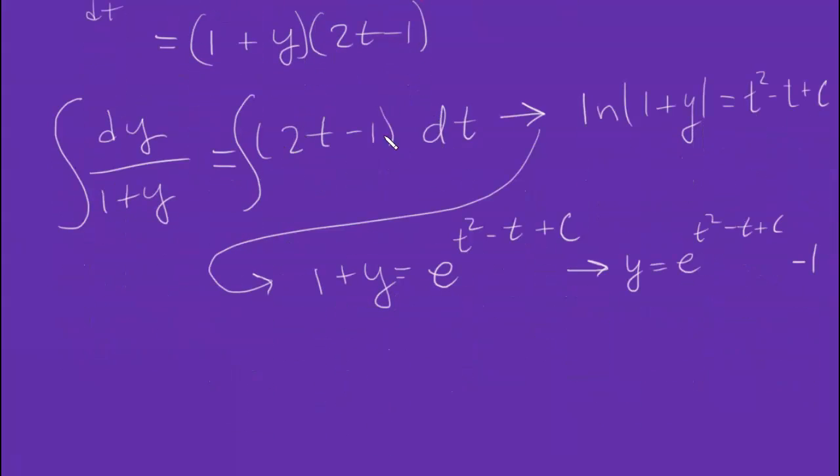If t is 0, y is equal to e to the power of 0 plus c, minus 1. This had better be equal to 2. So to find out what c is, it tells you e to the power of c is equal to 3. So the arbitrary constant, in this case, would need to be the natural log of 3.